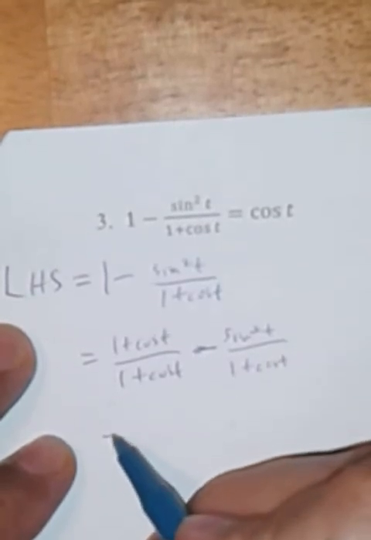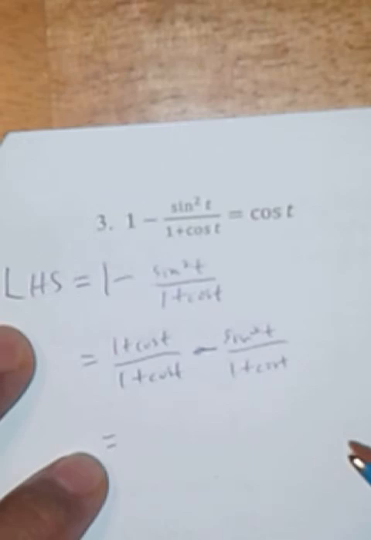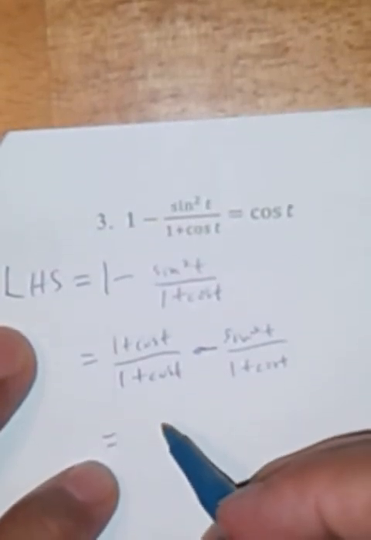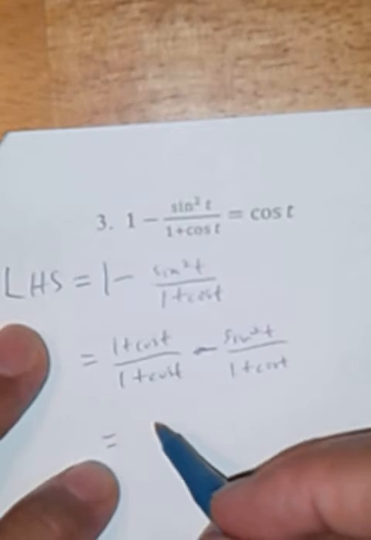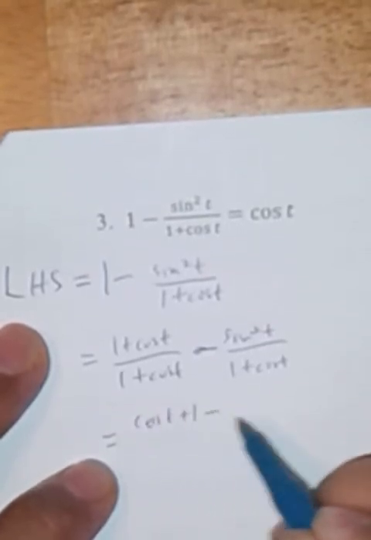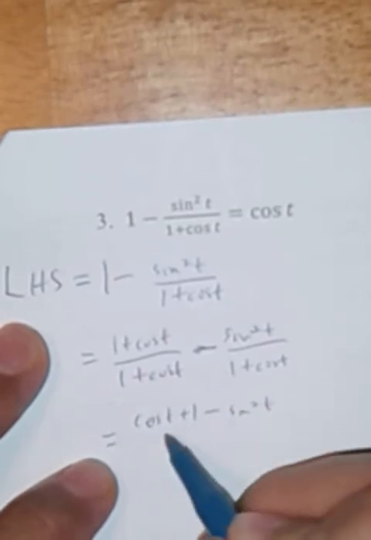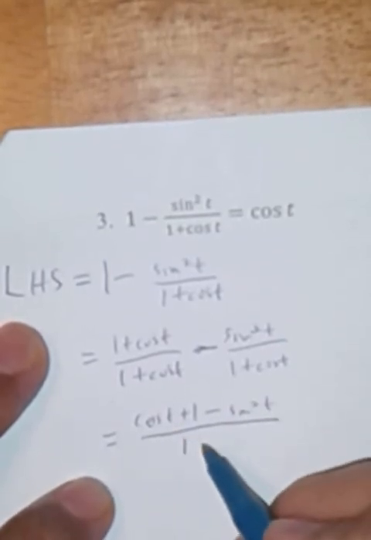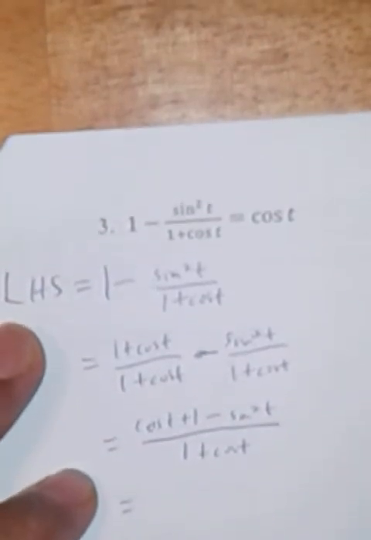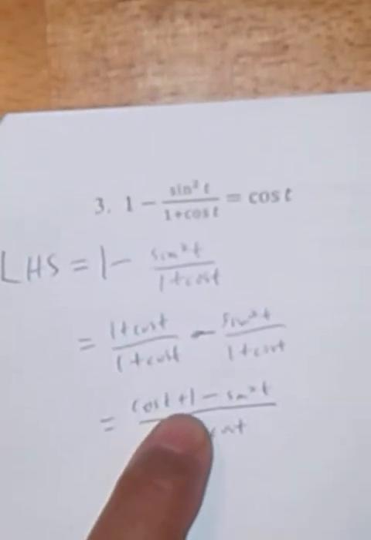So 1 plus cosine t minus sine squared t, those are the two numerators, I can write as cosine t plus 1 minus sine squared t, over the common denominator 1 plus cosine t.